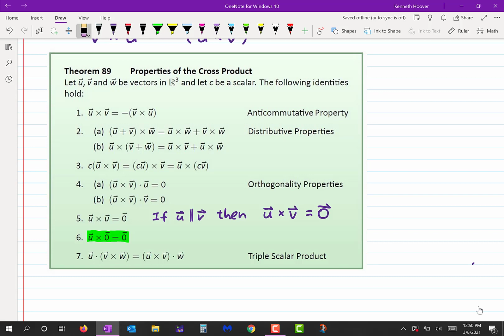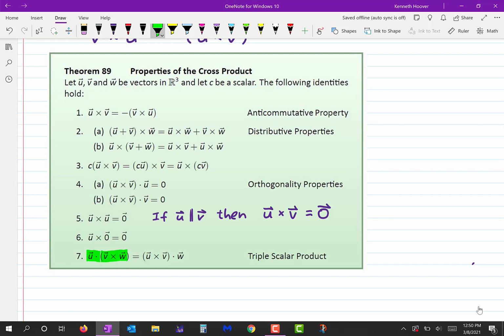Okay, and finally, this is called a triple scalar product. You have a vector u dot with a vector which is a cross product of v and w. That's called a scalar triple product.